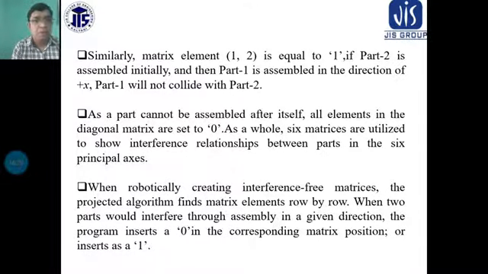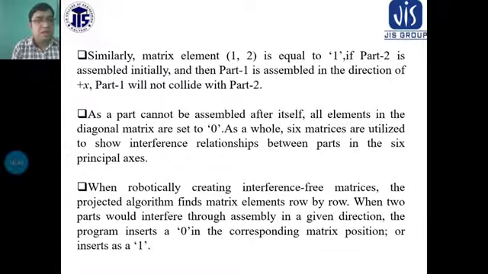When robotically creating the interference free matrix, the projected algorithm finds matrix elements row by row. That means you have to consider the robotically created interference free matrix.